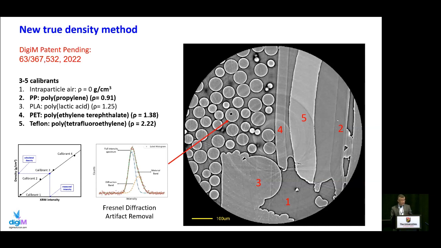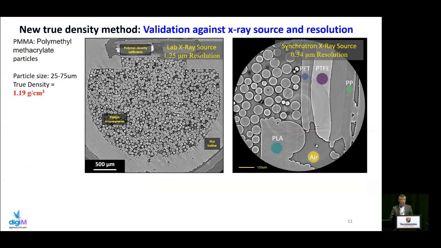So this all sounds good, but does it work? We conducted a careful validation study using 2 different X-ray sources: a laboratory X-ray source that is available in a lot of our labs, and the synchrotron X-ray source. These were also conducted at 2 different resolutions, 1.25 micron and 0.34 micron, nano CT. We introduced a particle system based on PMMA material, another NIST standard material with known density.